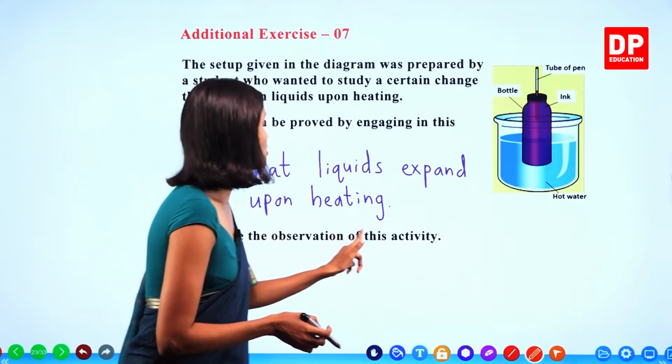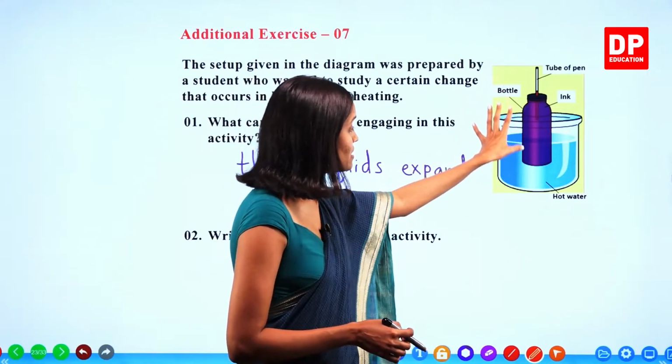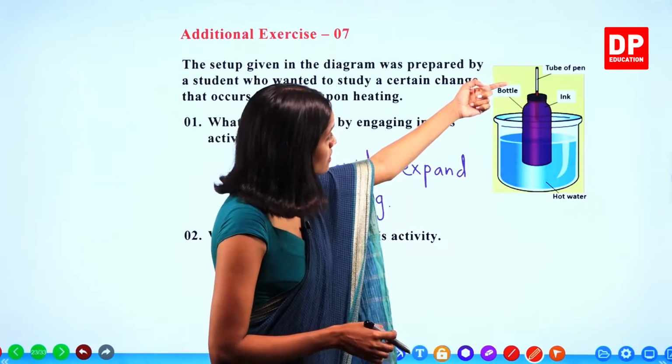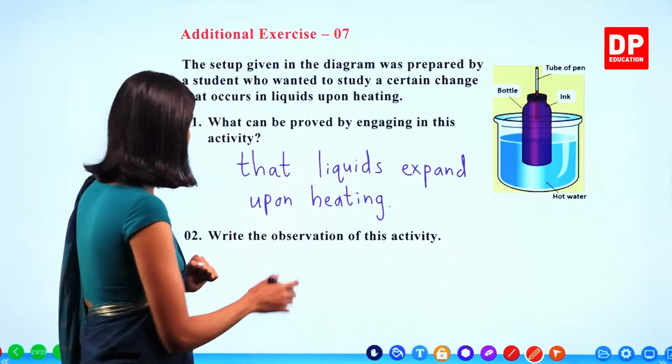Write the observation of this activity. What is the observation? When this bottle is immersed in hot water, the level of colored water inside the empty pen tube increases, right? Let's write.